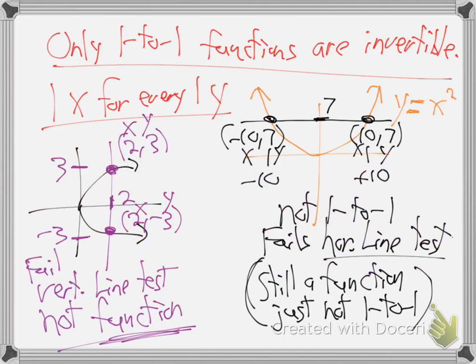So now let's go back to this screen and think about what today's second section is all about: inverse functions. If you switch X's and Y's, if you have some function like y equals x squared here, and we say, well, he's okay, he's a function, he passes the vertical line test, yes, he does, but he fails the horizontal line test, which means if you inverted him, the inverse will fail the vertical line test, and that's trash.